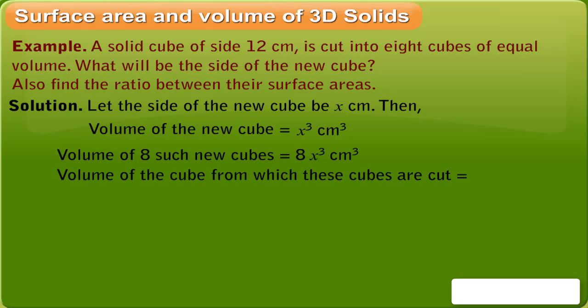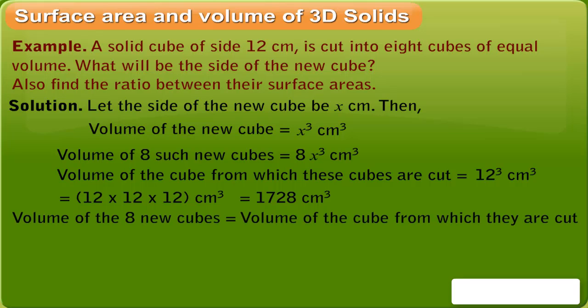Volume of the cube from which these cubes are cut is equal to 12 cube centimeter cube is equal to 12 into 12 into 12 centimeter cube, this comes out to be 1728 centimeter cube. Now we know that volume of the 8 new cubes is equal to volume of the cube from which they are cut.